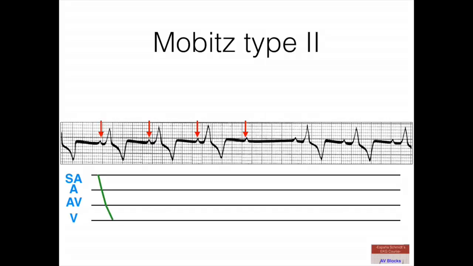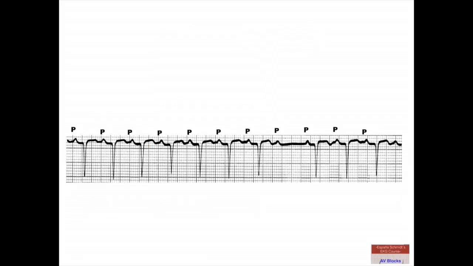So basically, everything looks like it is working fine except for the QRS, which is elongated, and then suddenly there is a block. But this block occurs in the Hissian and infra-Hissian tissues. Here we have another trace which shows a constant PR interval followed by a P which is not conducting a QRS.